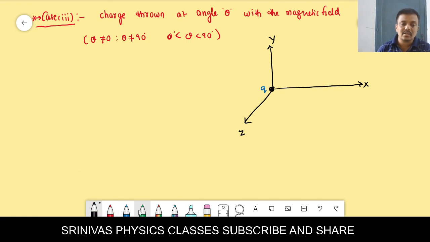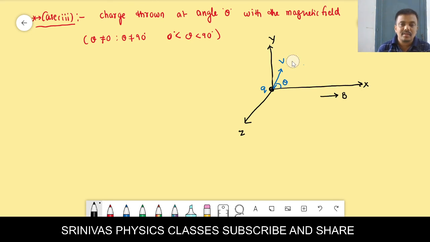That charge is thrown with velocity v, like this. It is making an angle theta with the magnetic field. I am applying the magnetic field along the x-axis, and the charge is thrown with velocity v that makes an angle theta with the magnetic field, right?